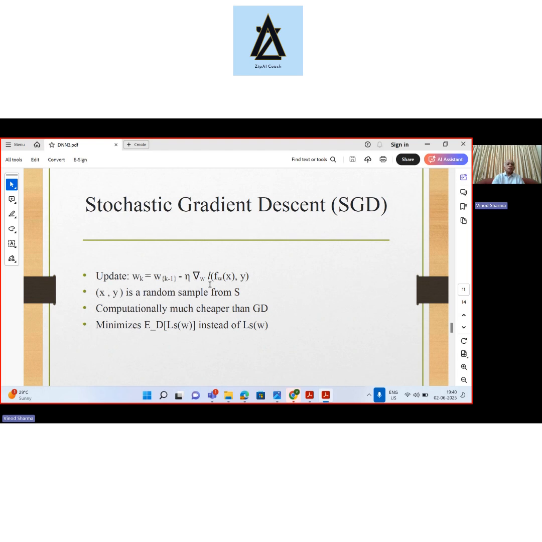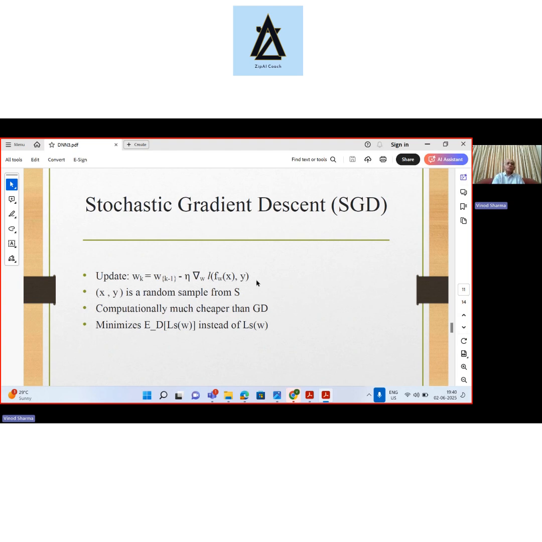Vk minus 1 is such that the expected value of Vk minus 1 given Wk minus 1 is the overall gradient with respect to the capital L. We can show that taking the gradient with respect to the loss at a single point (x, y), where (x, y) we have randomly picked from the training sequence, will satisfy the condition for Vk minus 1.